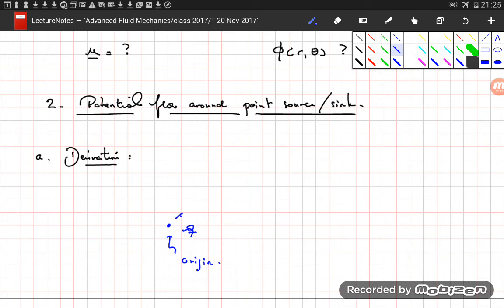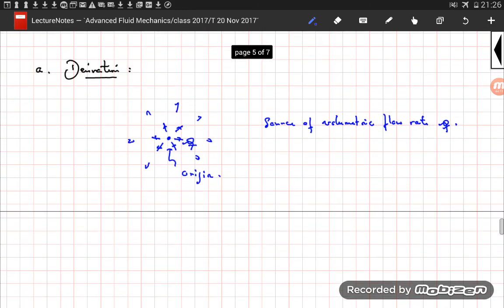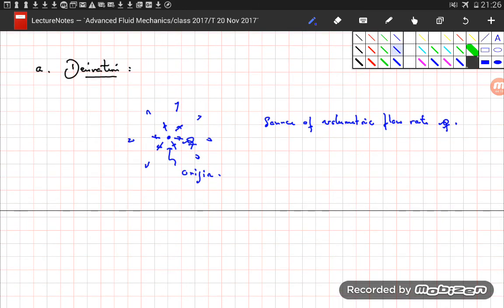If there is nothing else, the flow will be radially symmetric, and will just flow in the radial direction. So here we have a source of volumetric flow rate Q. That simply means that we created a Q amount of volume.